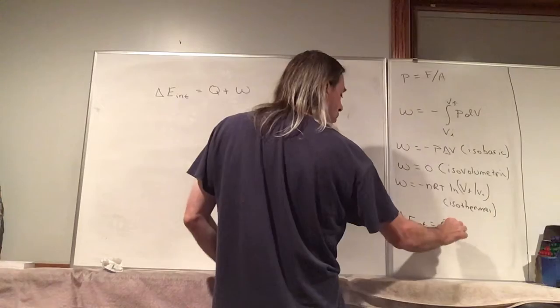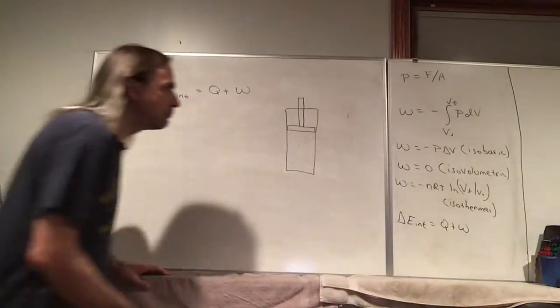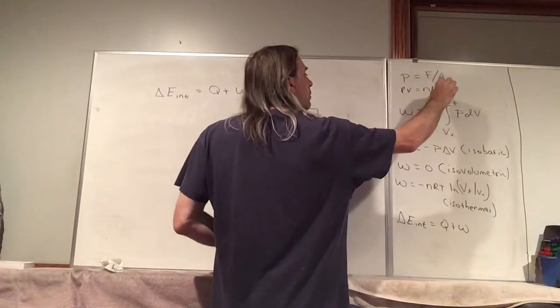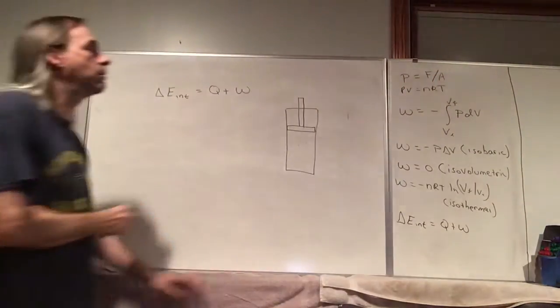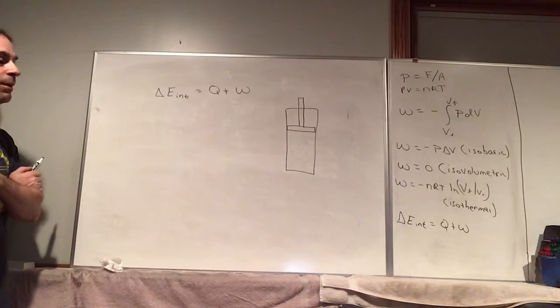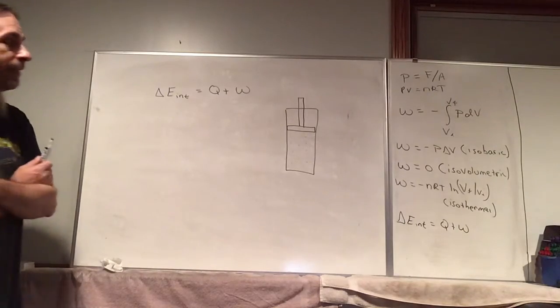put that on the equation board. I guess we can write the ideal gas law as well. But anyways, that's the first law of thermodynamics. And that shows how the internal energy changes. W is work done on the gas.